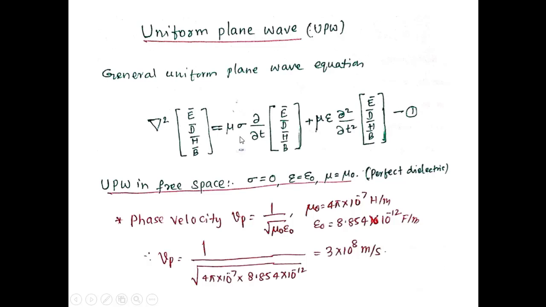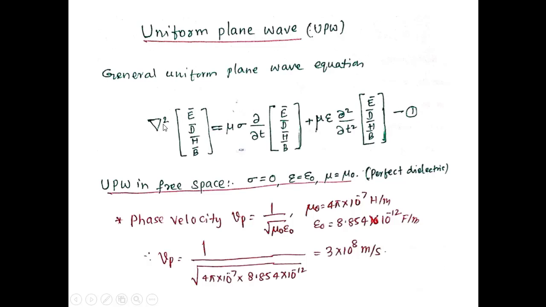By using the Helmholtz equation, we can derive the uniform plane wave equations, that is given by del square E bar is equal to mu sigma dou by dou t E bar plus mu epsilon dou square by dou t square E bar in terms of electric field, and del square D bar is equal to mu sigma dou by dou t D bar plus mu epsilon dou square by dou t square D bar in terms of electric flux density.